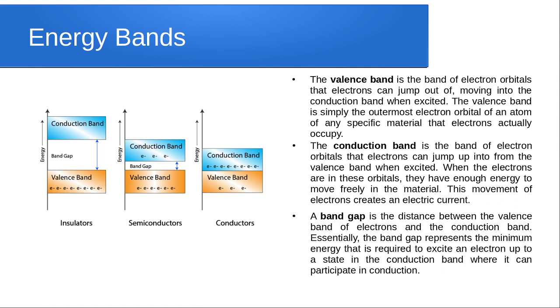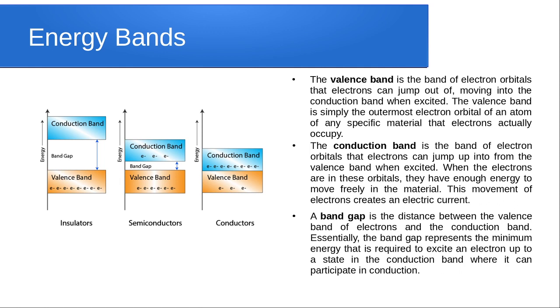In the case of a semiconductor, the band gap is between say 0.67 to say 2 electron volts, which is less when compared to that of insulators. So it is easier to excite electrons from the valence band of semiconductors to the conduction band.